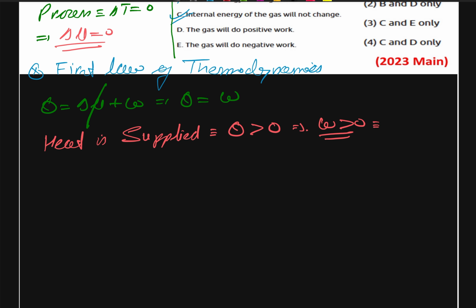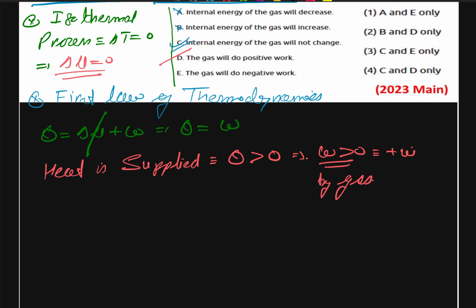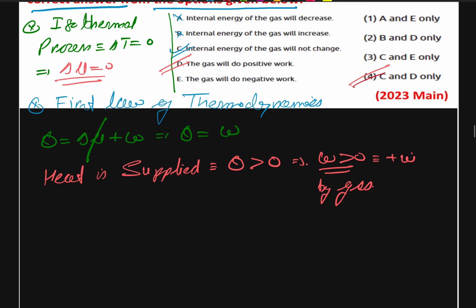So that will also be positive, and this is by the gas. So the gas will do a positive work. Option D is correct. So C and D are correct. So option 4 is correct.